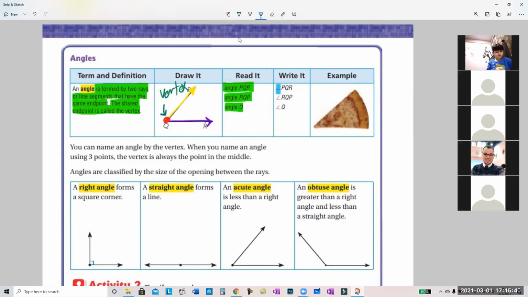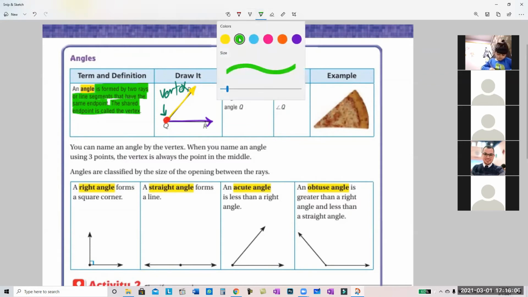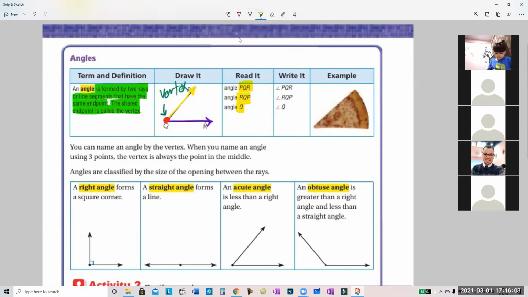So if you see it, it means angle. So angle BQR, angle RQP and angle Q. As you notice here, in reading angles, we have something in common. Each one has the vertex in between. So the vertex must be in between. We have Q in between here.